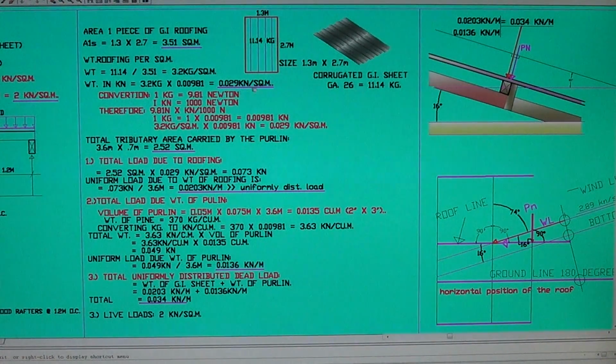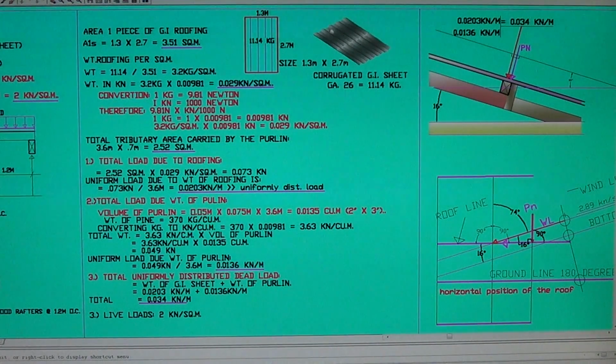Okay, this particular project is suited for 2.7 length. The maximum length for the GI is 12 feet. It's 3.6 meters. So this is the total weight of one piece of GI corrugated sheet.